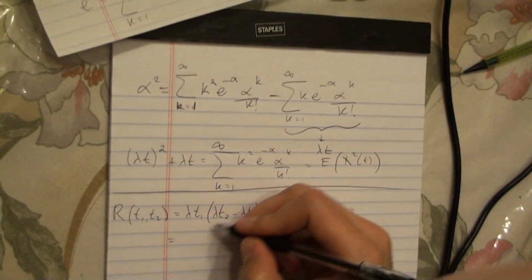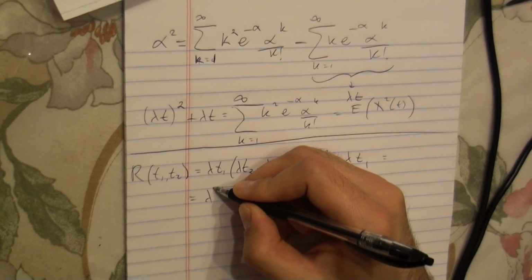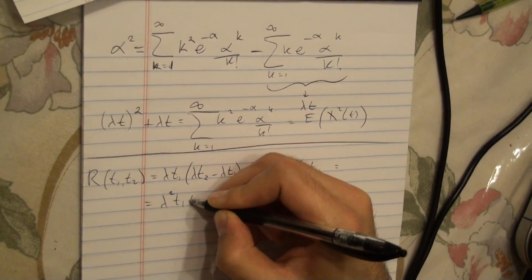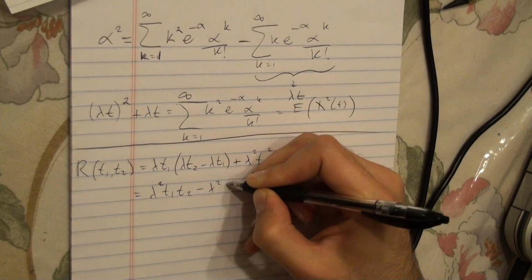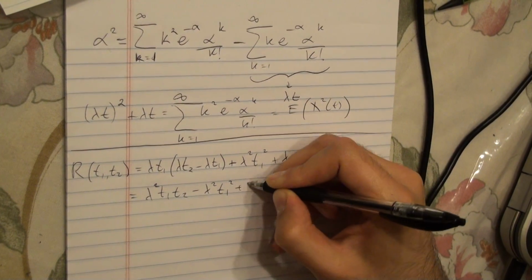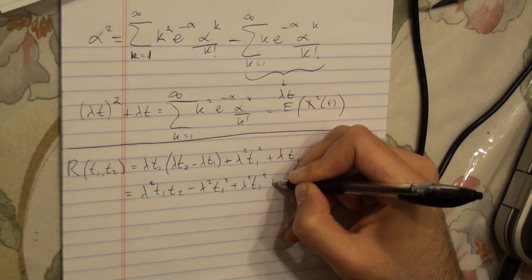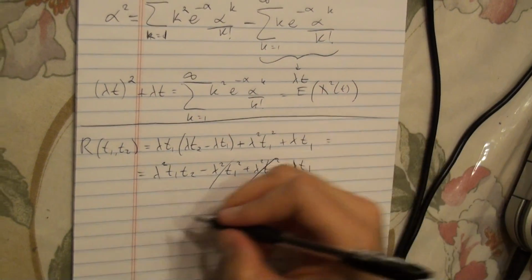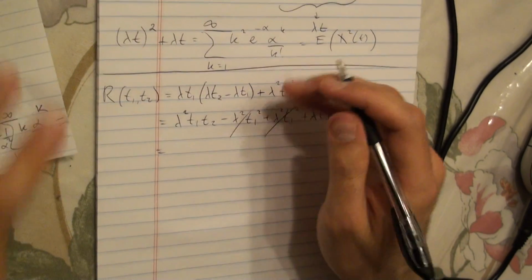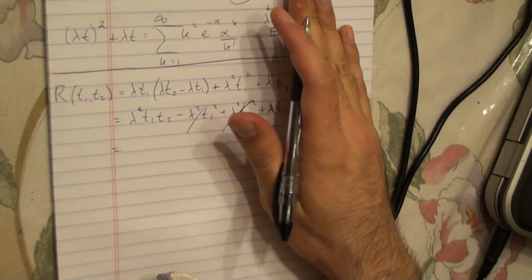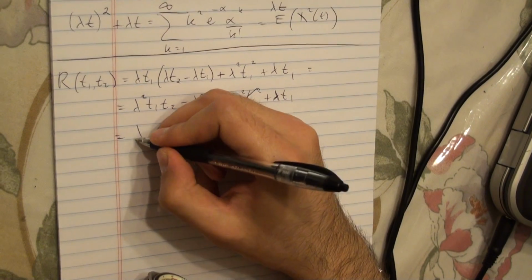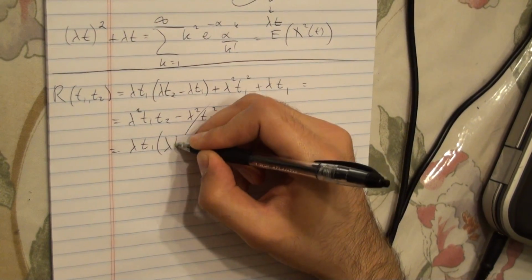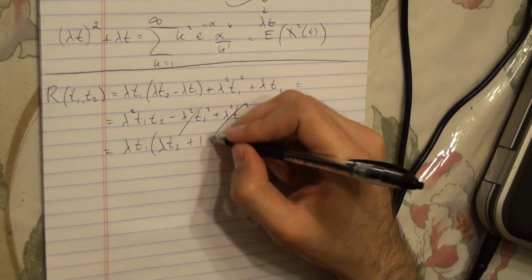So let's open this up. We have lambda squared t1 t2 minus lambda squared t1 squared plus lambda squared t1 squared plus lambda t1. Cancel these, and we are left with lambda t1 times lambda t2 plus 1.